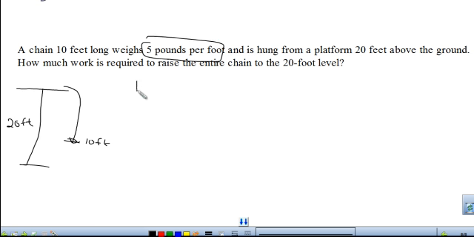So we need to find the force of the chain, so it's the weight. Originally, it weighed 5 times 10, which is 50 pounds. So when all the chain is hanging out, it weighs 50 pounds. But then as we pull it up, it's losing 5 pounds per foot. So my work done, and here's where the trick is.